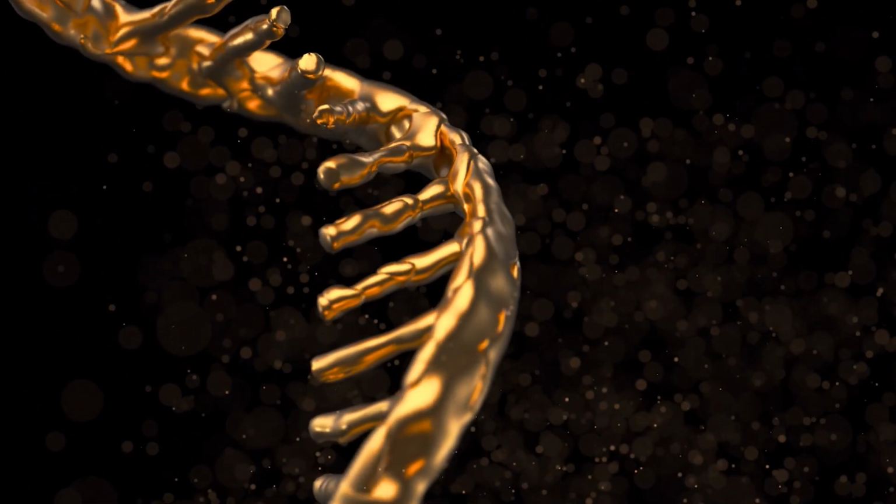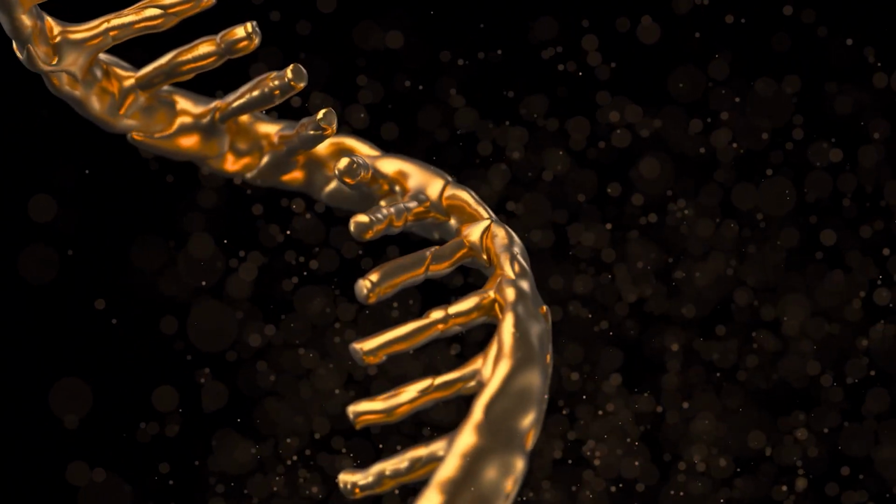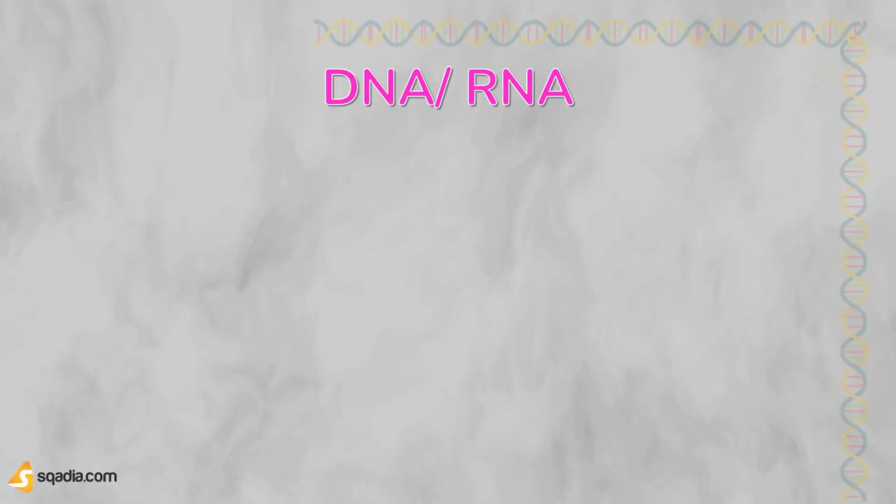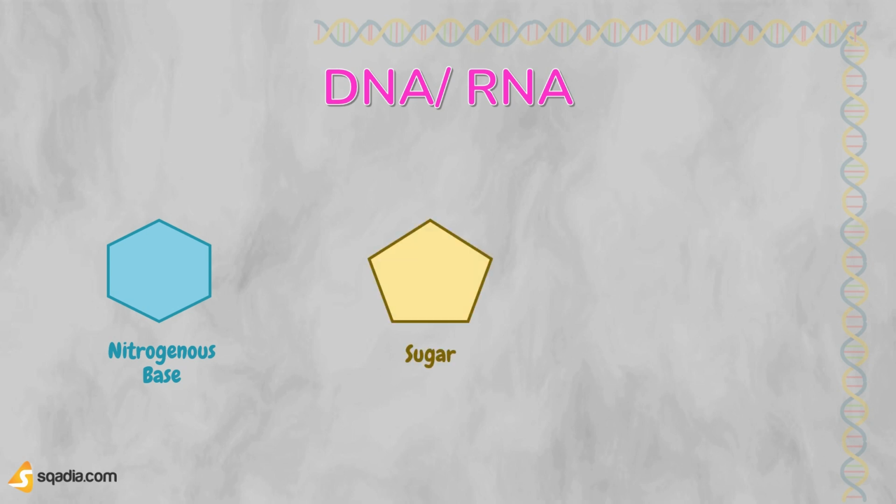The basic building block of nucleic acids, DNA and RNA, is the nucleotide, which has 3 components: a nitrogenous base, a sugar, and 1 or more phosphates.